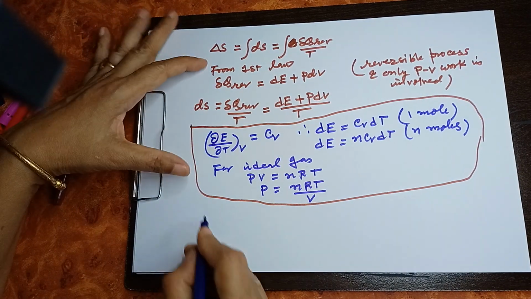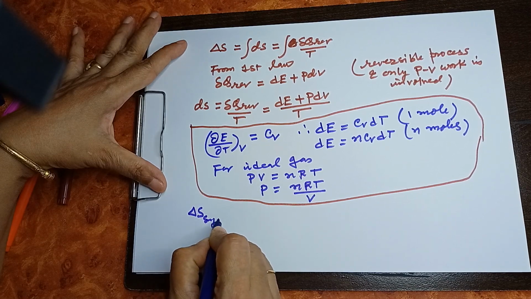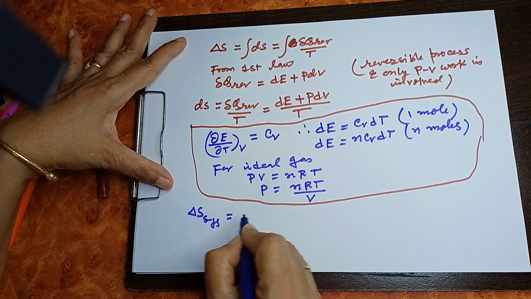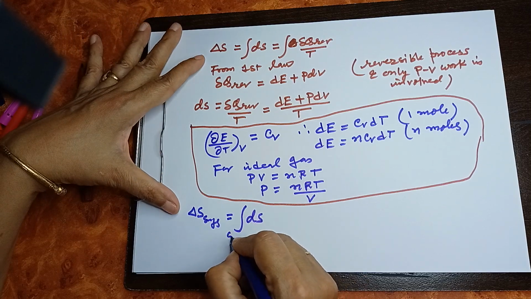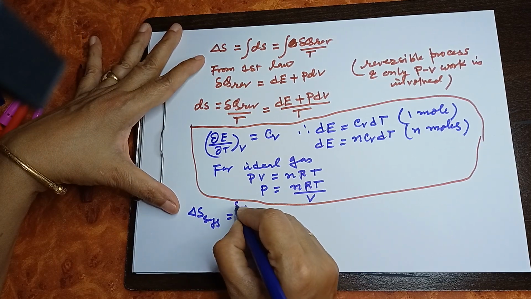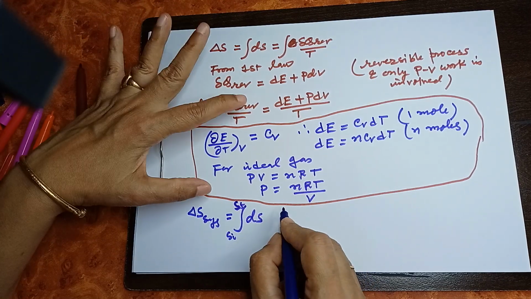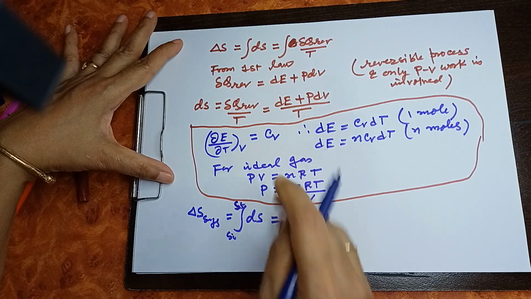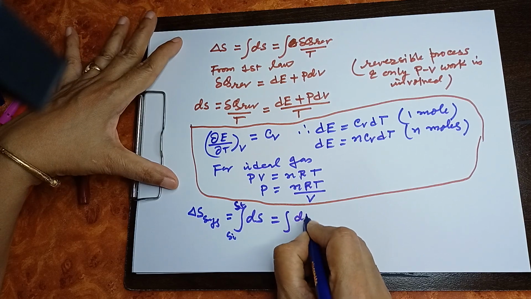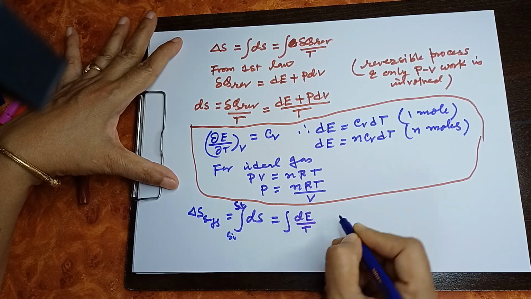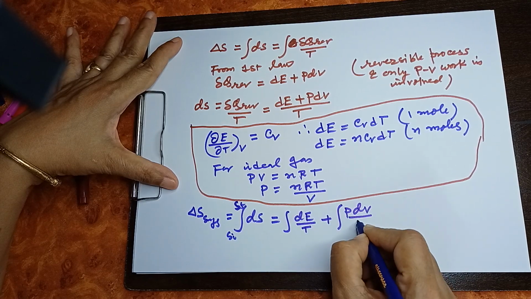So overall entropy change of the system, delta S system, will be equal to the integration of dS, obviously from initial to S final, and from this equation I am writing dE by T plus P dV by T.